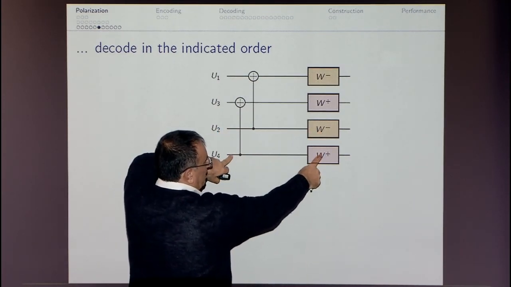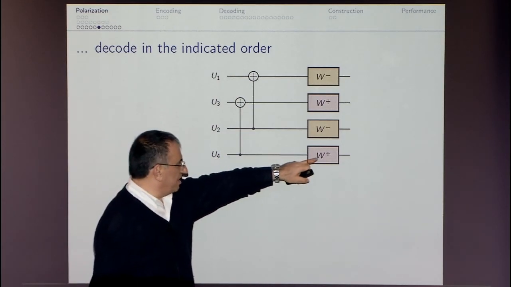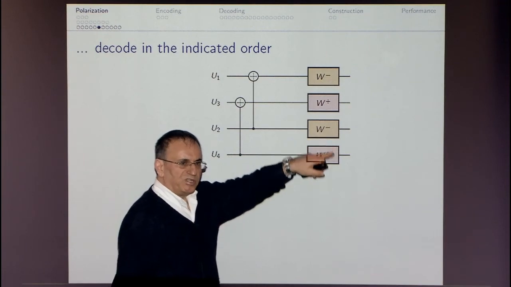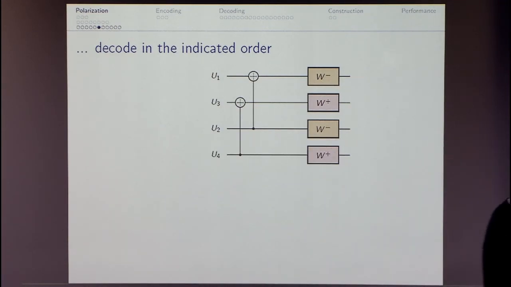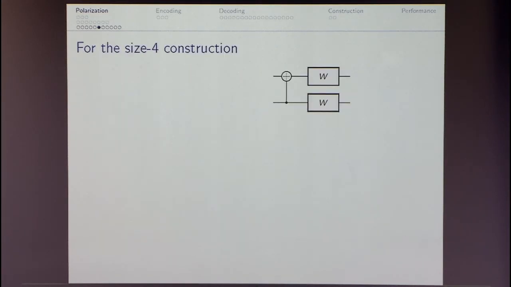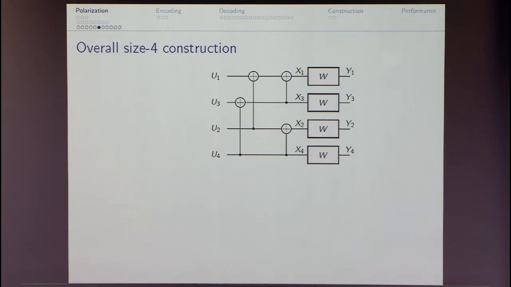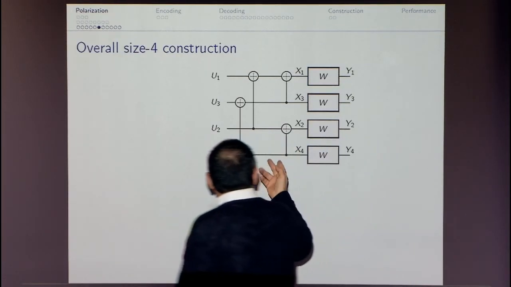This is W minus, W plus, but these are virtual channels. This will become W plus, and that will become W minus only after, if we go back to the picture, yeah, this picture is better.